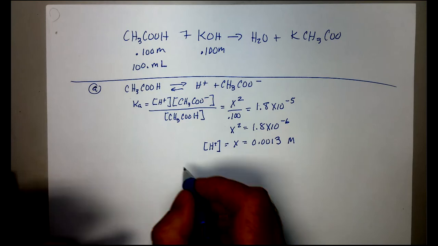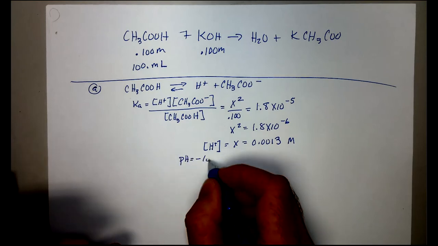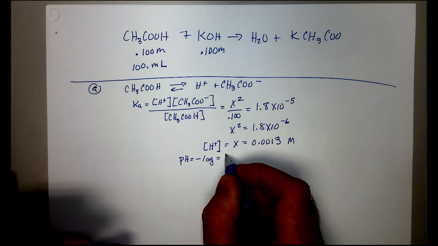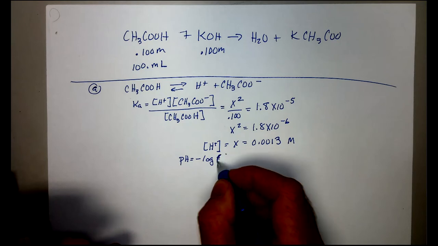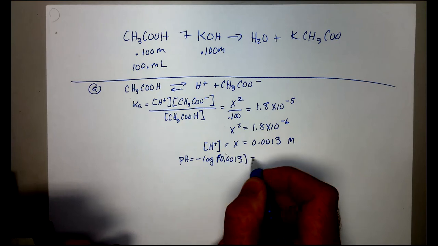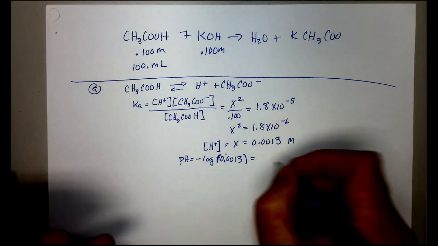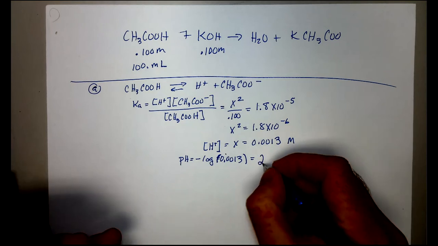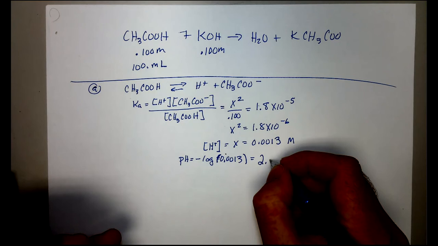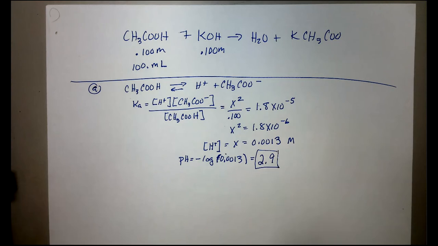Now, the pH at that point is going to be negative log of 0.0013. I'm holding a few more decimal places in my calculator. And we get a pH of, say, 2.9. So that'd be the pH before I did anything.